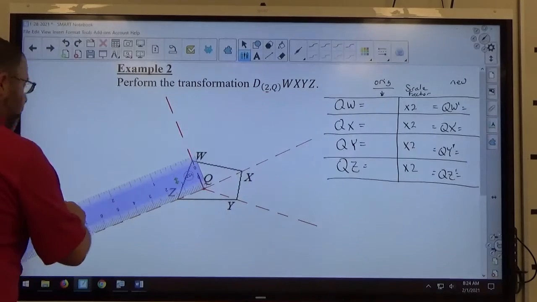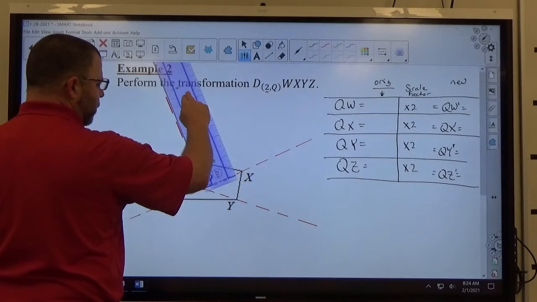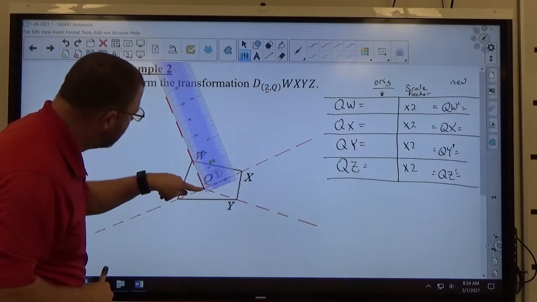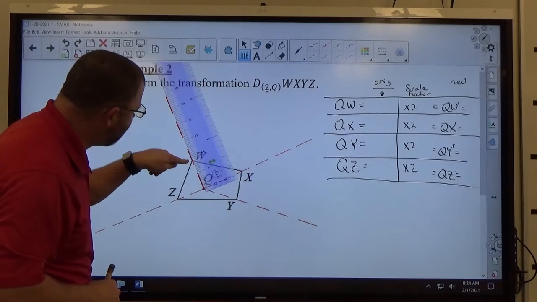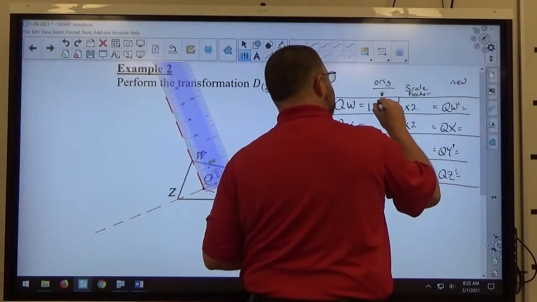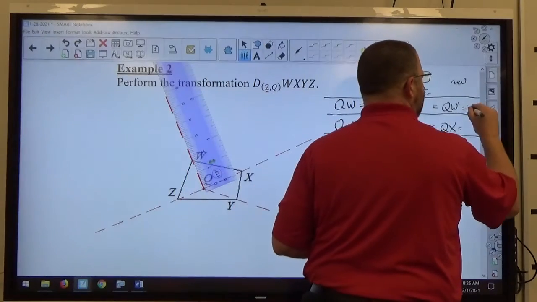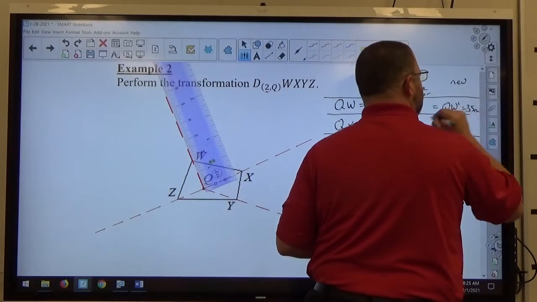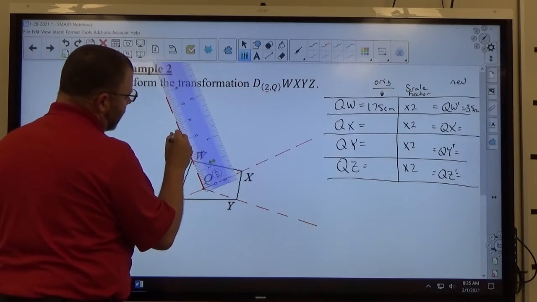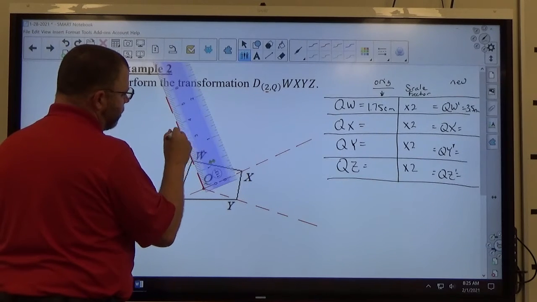So, if I do these measurements, start with Q again, QW. The distance from Q to W is, on my ruler, 1.75 centimeters. If I double that, I get 3.5 centimeters. So, 3.5 centimeters is right there.